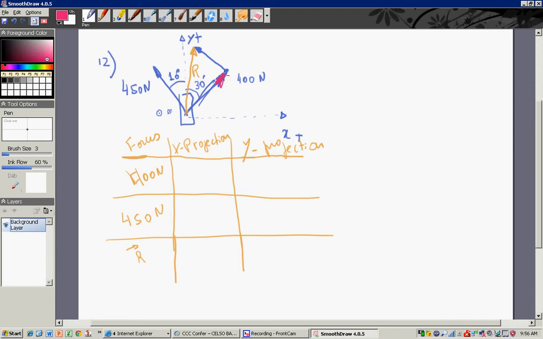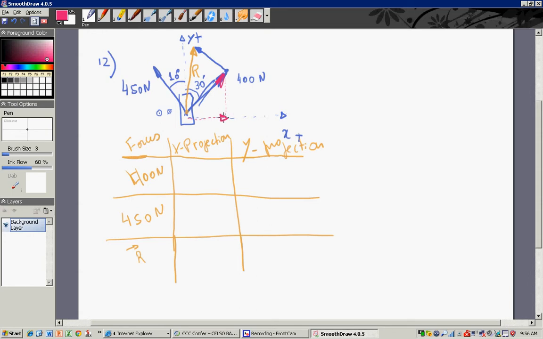So we want to find what are the projections of these forces in x and y, and then add them. So what is the projection of the 400 Newtons force, this one, in the x direction? How do I project this force in there? Here it goes. You bring it down from the head of the vector.